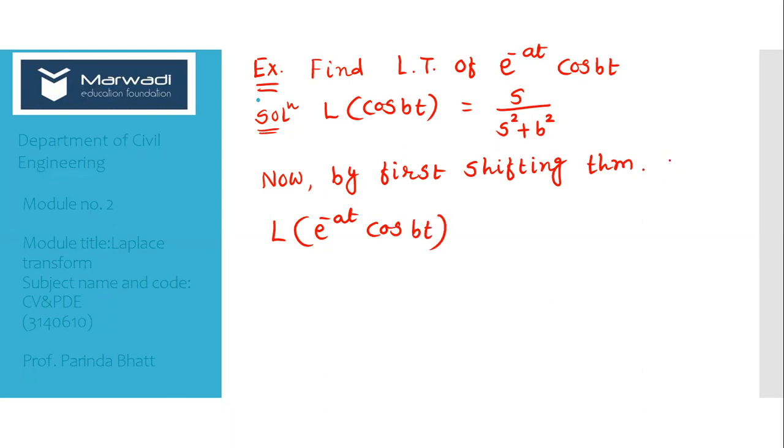Here the power is minus, therefore s is shifted to s plus a. Therefore s plus a divided by (s plus a) square plus b square. This is the answer.